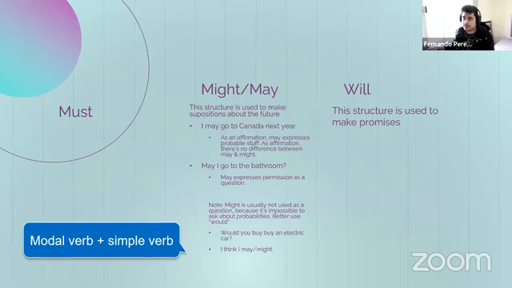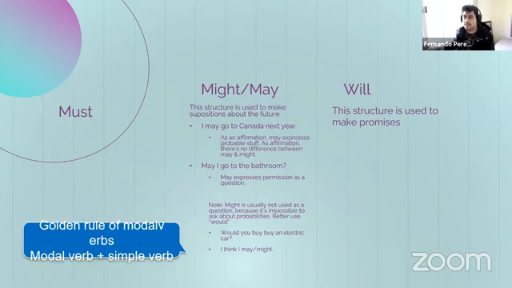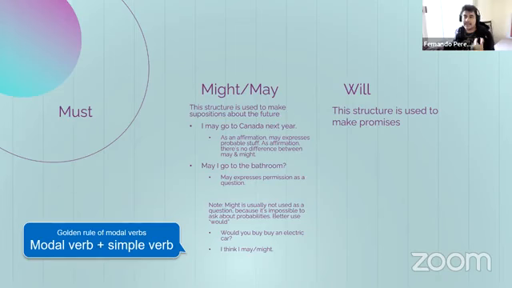This is a golden rule that we always need to remember. So then, if you remember the golden rule, you will remember that when we use perfect modals, you will always use auxiliary "have" and never use auxiliary "has."